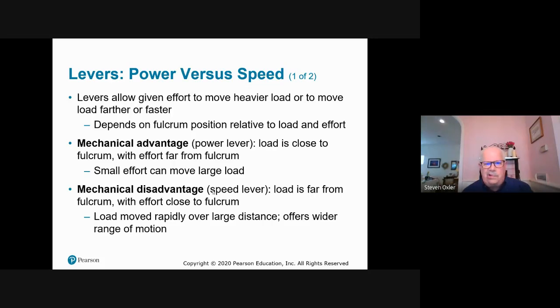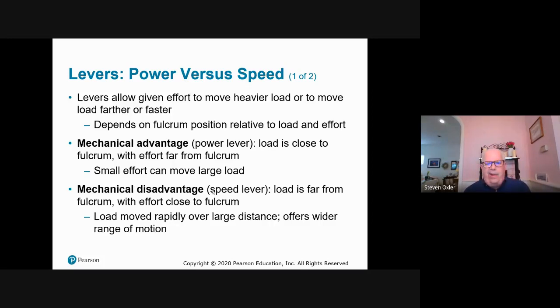The load is closer to the fulcrum, with the effort being far away from the fulcrum. A small effort can therefore move a larger load. That is a mechanical advantage.